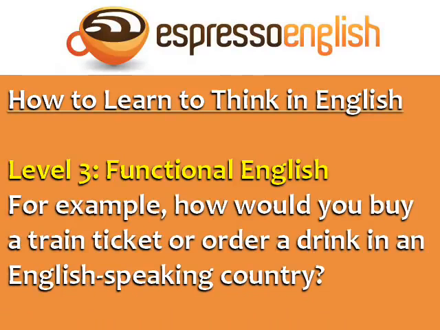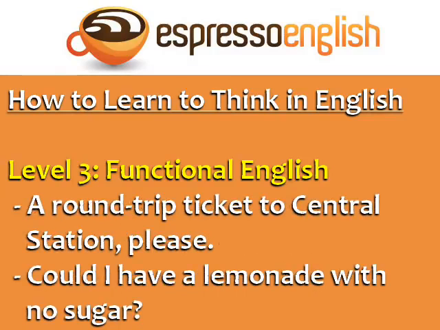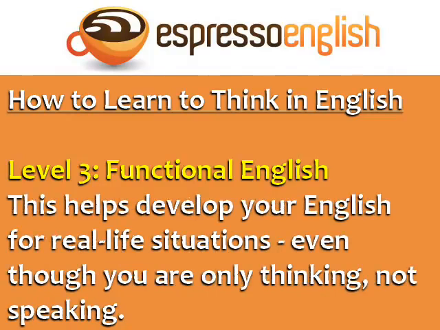For example, how would you buy a train ticket or order a drink in an English-speaking country? "A round-trip ticket to Central Station, please. Could I have a lemonade with no sugar?" This helps develop your English for real-life situations, even though you are only thinking and not speaking.